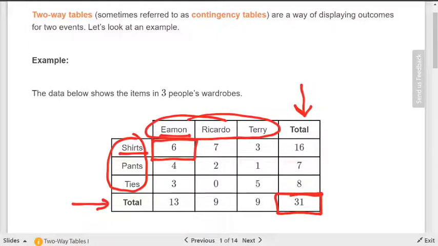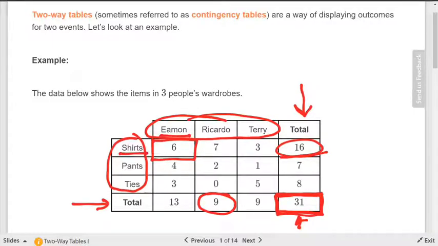So how many different objects are represented in this chart? 31. Right? Okay. Now, how many shirts are represented in this chart? 16. There's a total of 16. How many items of clothing does Ricardo have total? 9. Right? So you have different totals. But this last column is the total of everything.